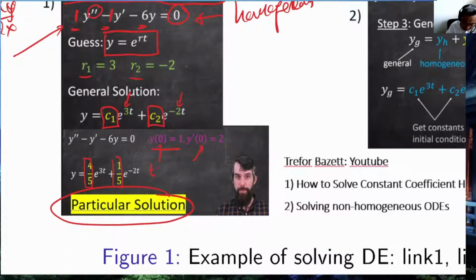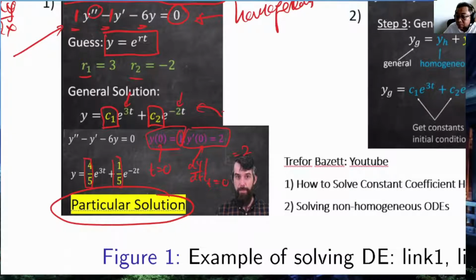So y when t equals 0 is equal to 1, y prime, so dy/dt at t equals 0, the expression equals 2. When we have these given initial values, we can go and solve for C1 and C2.